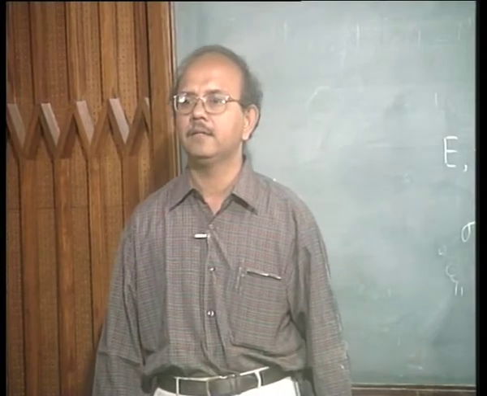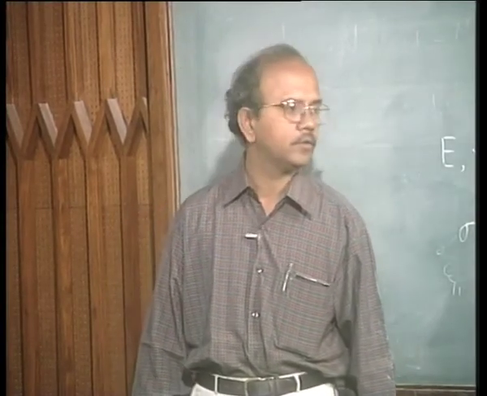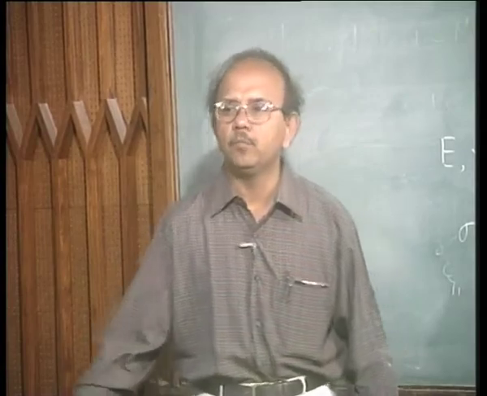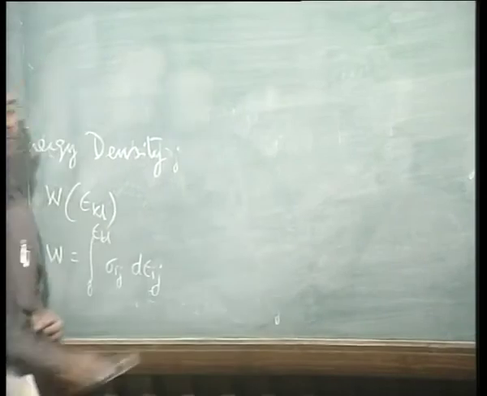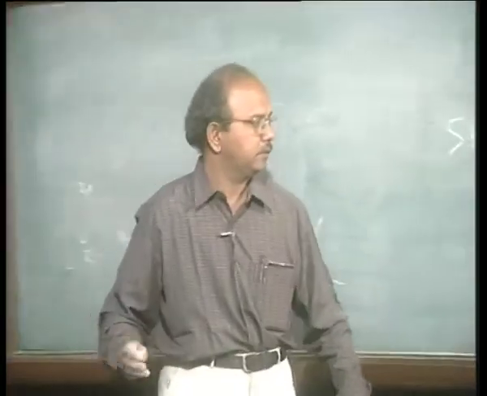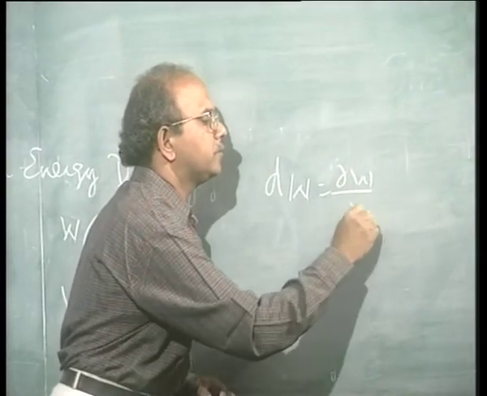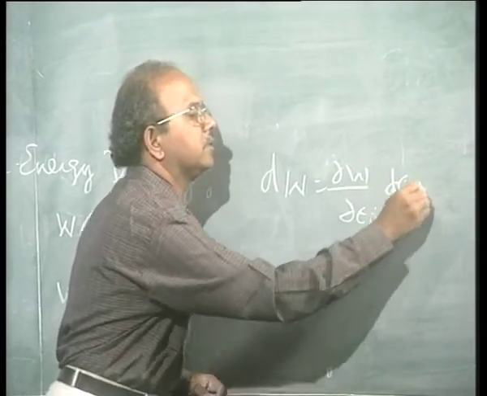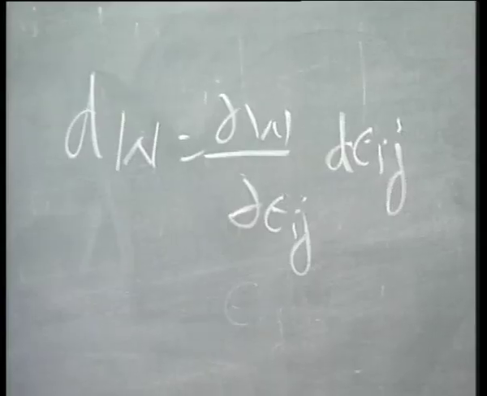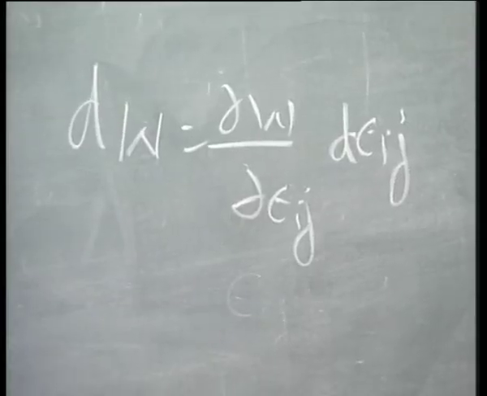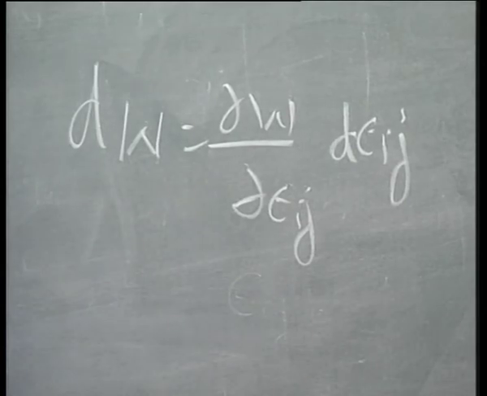I can write dW to be dou W by dou epsilon ij into d epsilon ij.